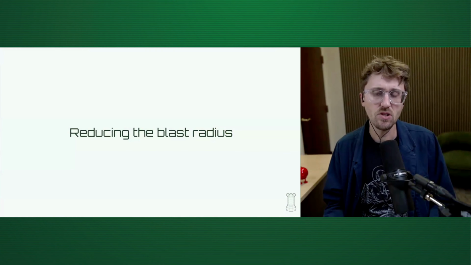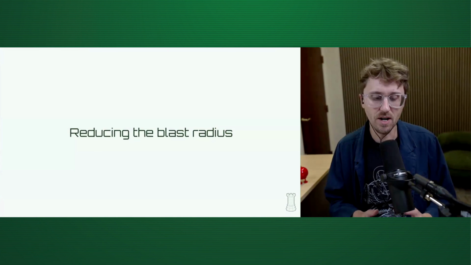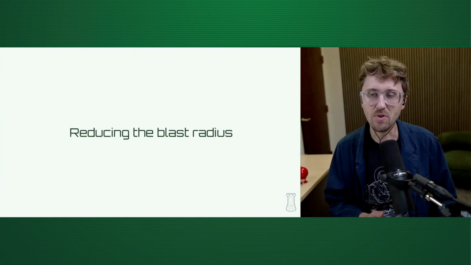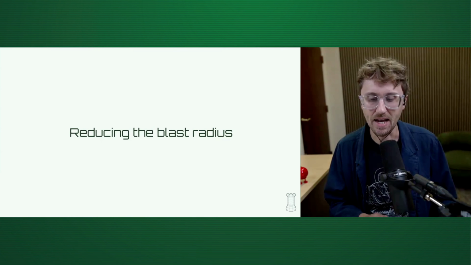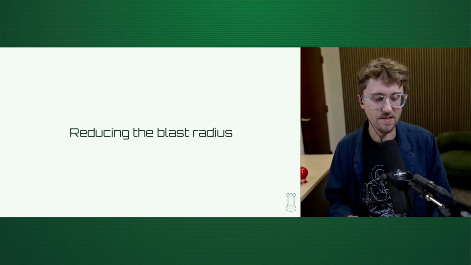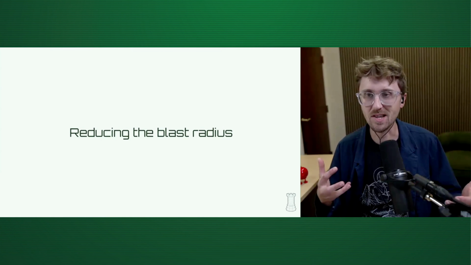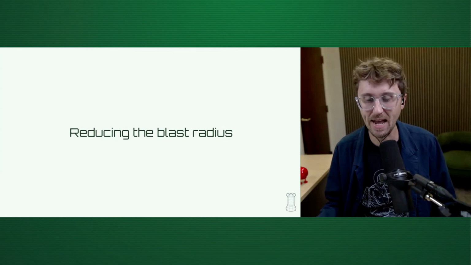So now let's talk just a little bit about reducing the blast radius of these AI agents. In terms of the blast radius, this is a concept that is tied together with the concept of least agency for agents.